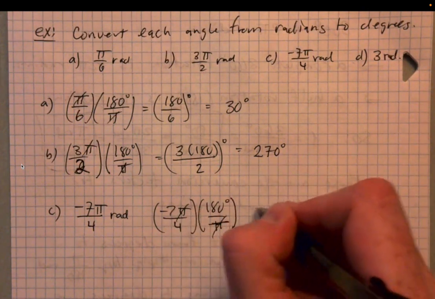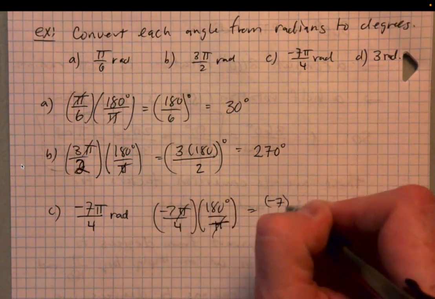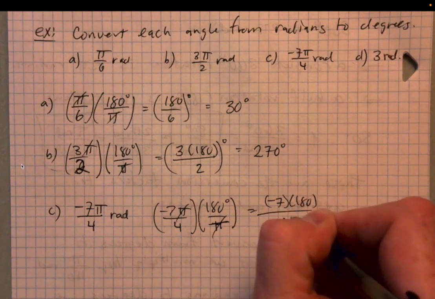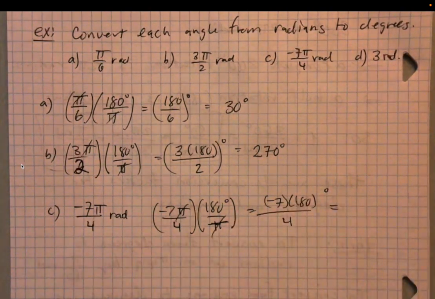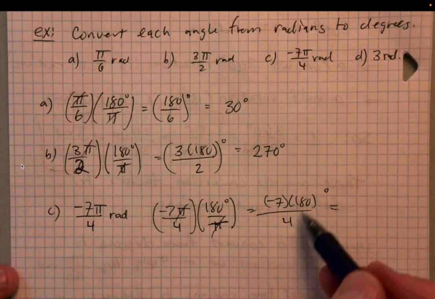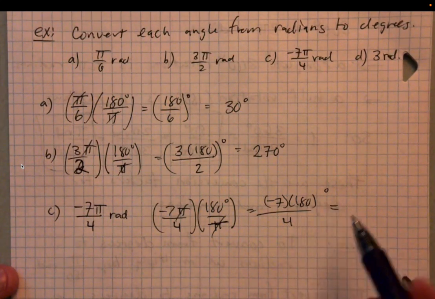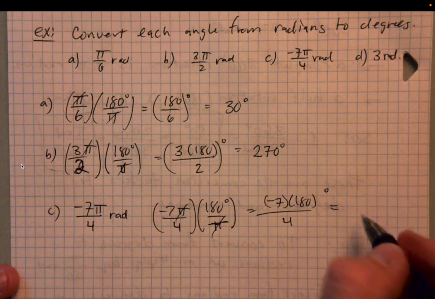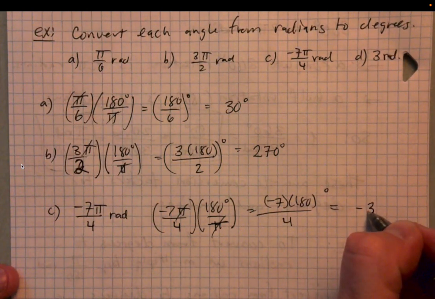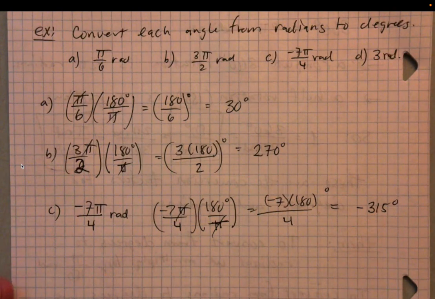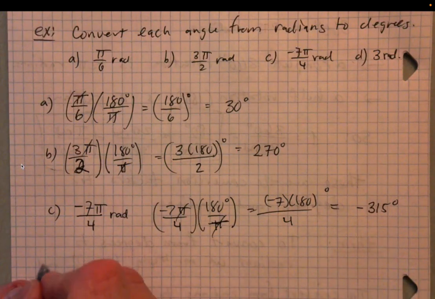Pi's will cancel, and I get negative 7 times 180 over 4 degrees. So 180 divided by 4 is 45, and you would get negative 315 degrees. You can just do the math to confirm that.